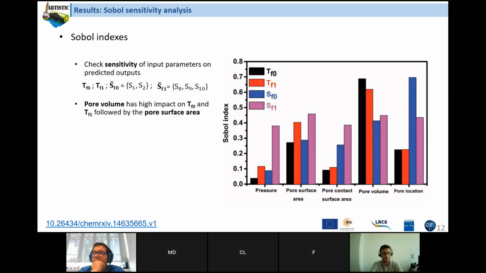Yeah. Okay, thanks. So first, we can see that the pore volume has a high impact on the initial and final times for saturations, followed by the pore surface area. This actually is in agreement with the conclusions from the Monday talk of Abos. And it kind of makes sense because the larger the pore is and the larger the surface area is, of course, the more likely it is to be well connected inside the pore network, right?